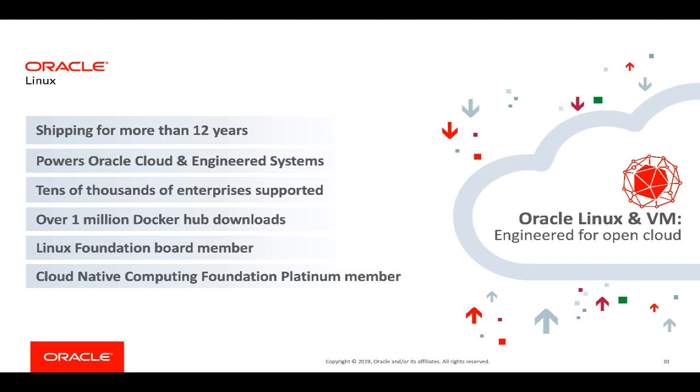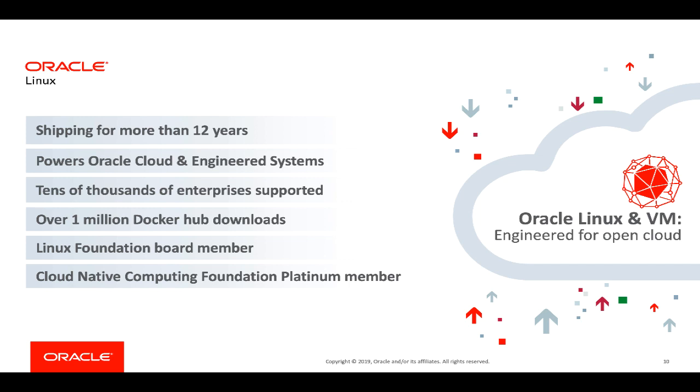Oracle Linux has powered tens of thousands of enterprises, including Oracle Cloud and Oracle's business operations. Oracle Linux is a Linux distribution packaged and freely distributed by Oracle. It is also used by Oracle Cloud and Oracle Engineered Systems, such as the Oracle Exadata and others.